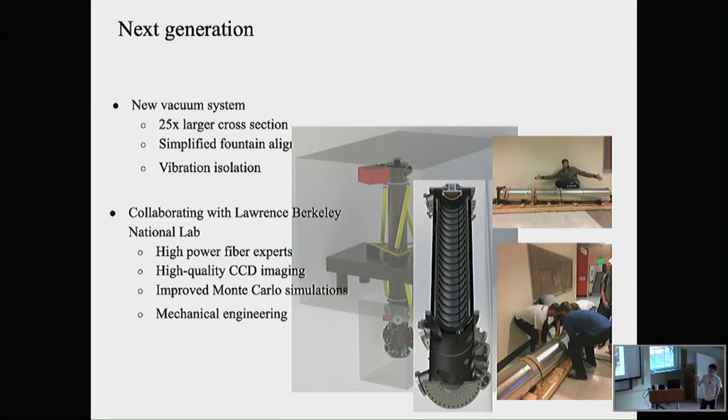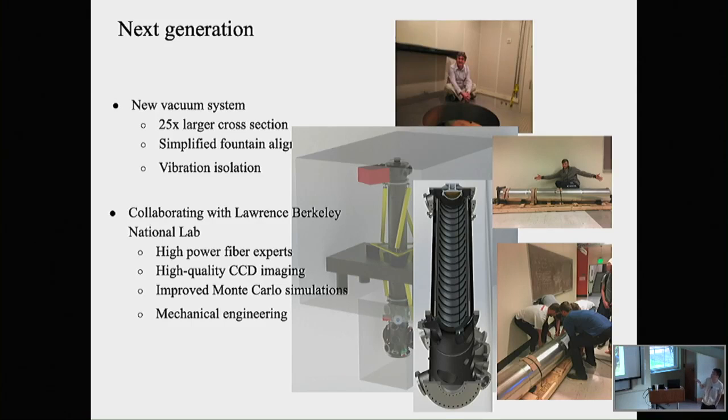And this is what it looks like inside the vacuum chamber. It's going to have complex structures to capture the stray light, because we don't want the laser beam to be reflected back from the vacuum chamber.